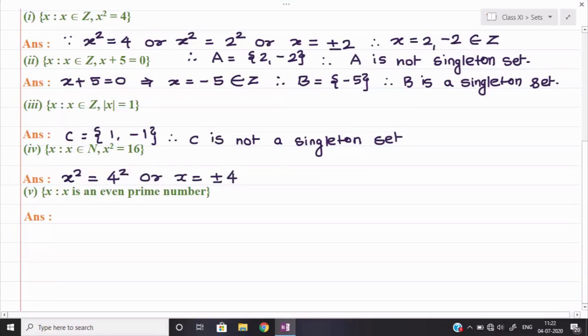Okay, so I got here the value of x is either plus 4 or minus 4, but since x should be a natural number also, I can say that this set D will contain only one element, that is 4, because 4 is one of the answers for x as well as it is a natural number, and therefore we can say that D is a singleton set.